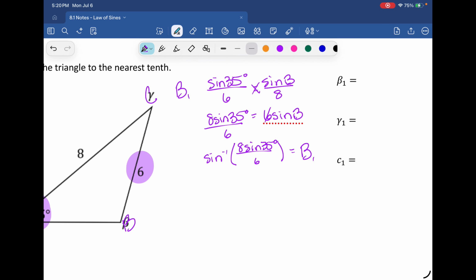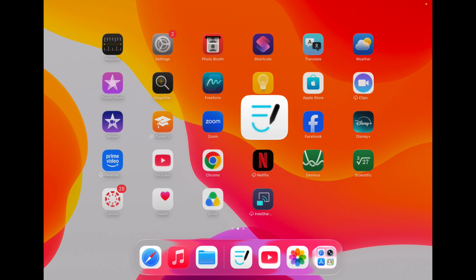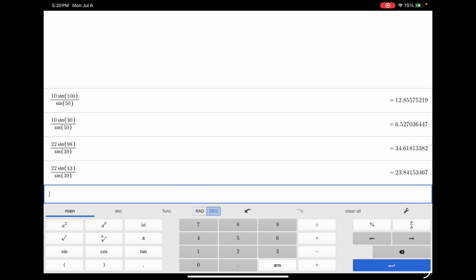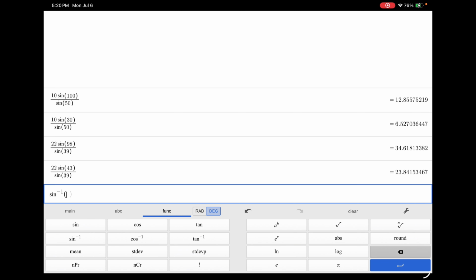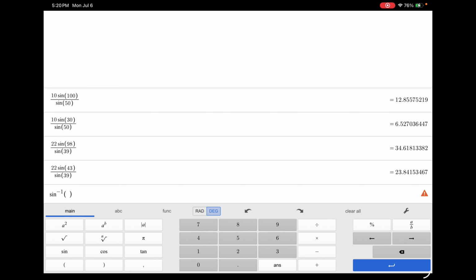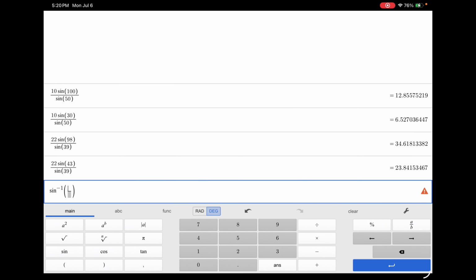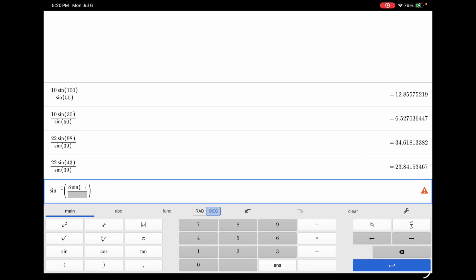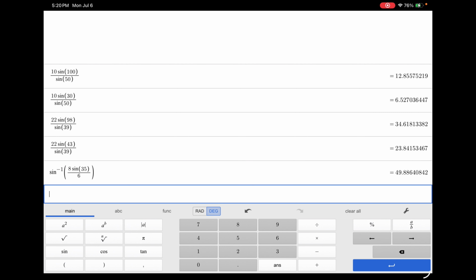And we go to our calculator. Make sure you're in degrees. Inverse sine 8 sine 35 over 6.